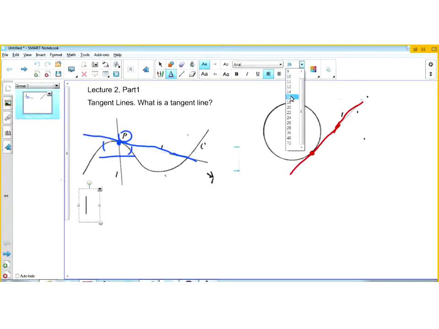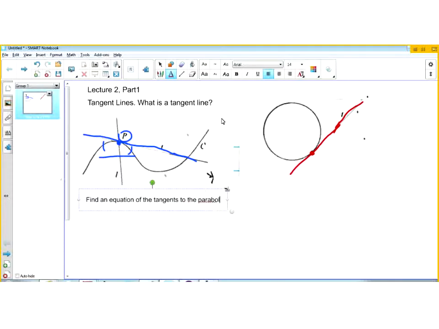So for instance, how about we have something like this? Find an equation of the tangent line to the parabola y is equal to x squared at the point 1, 1.